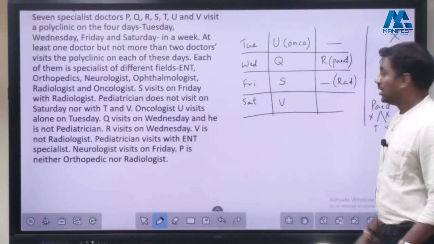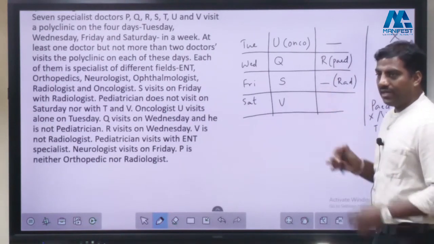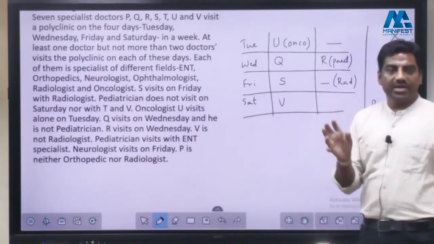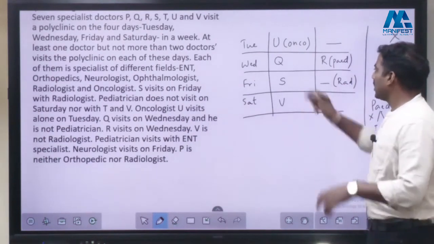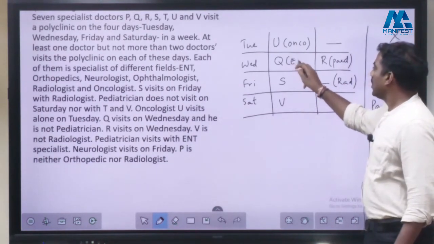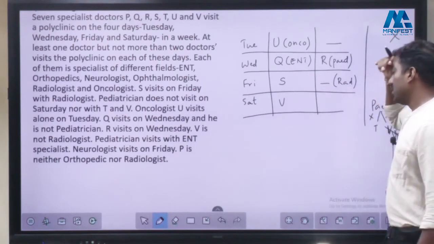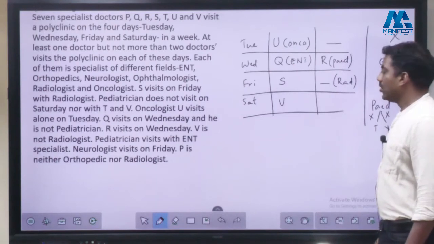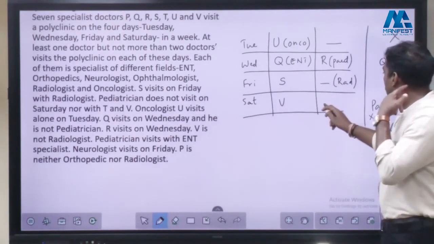He cannot come on Saturday. He is coming along with ENT. So these are filled already. So here Q is ENT. Neurologist visits on Friday. We don't know where. We'll see.